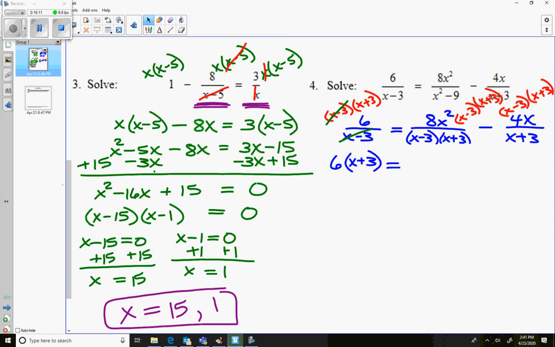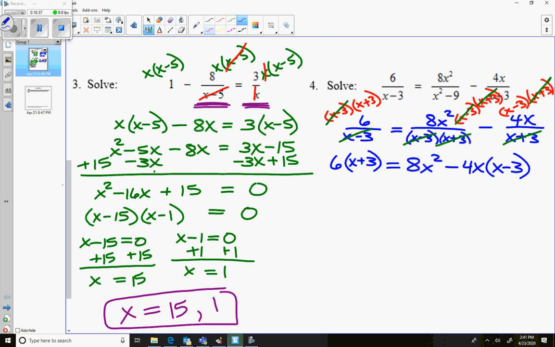Here, the x minus 3's cancel, the x plus 3's also cancel. So all I'm left with is simply the 8x squared. And over here, the x plus 3's cancel. So we are left with minus 4x times an x minus 3.